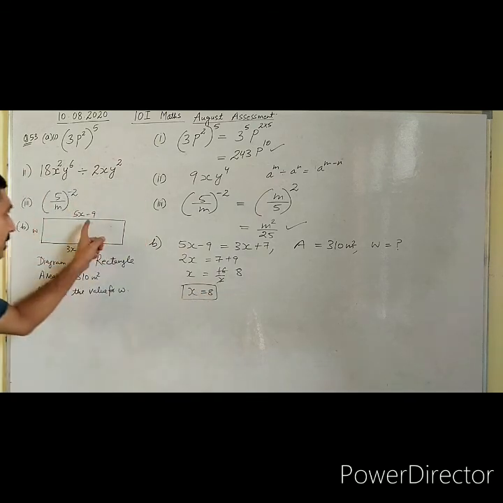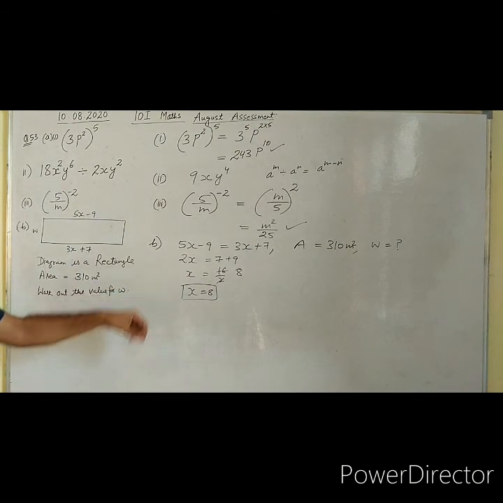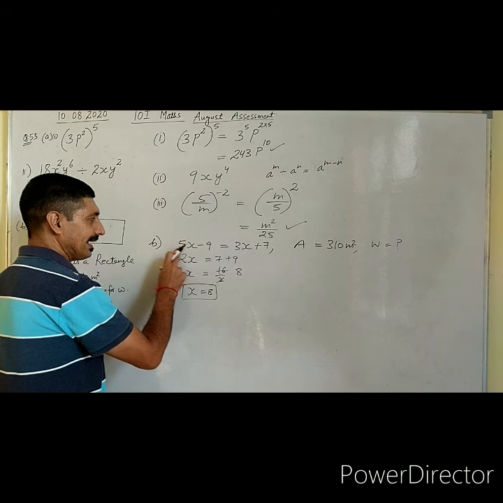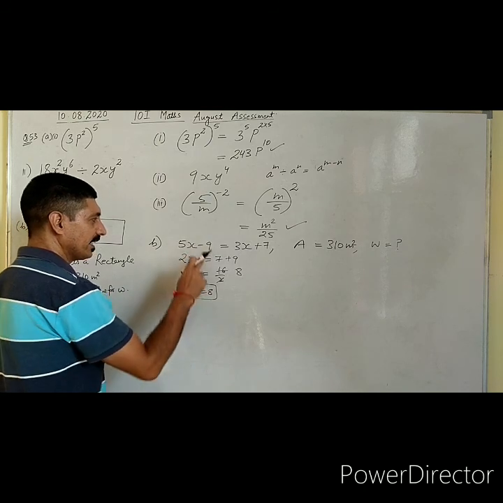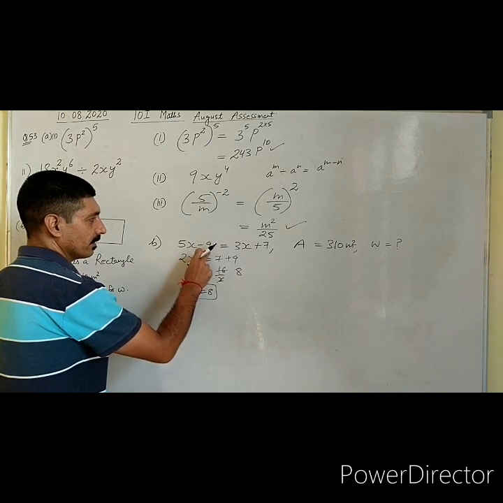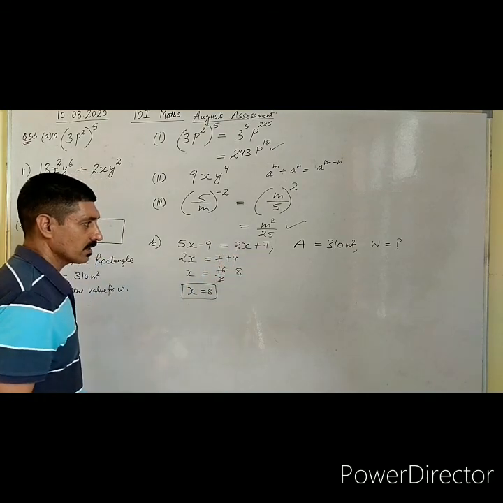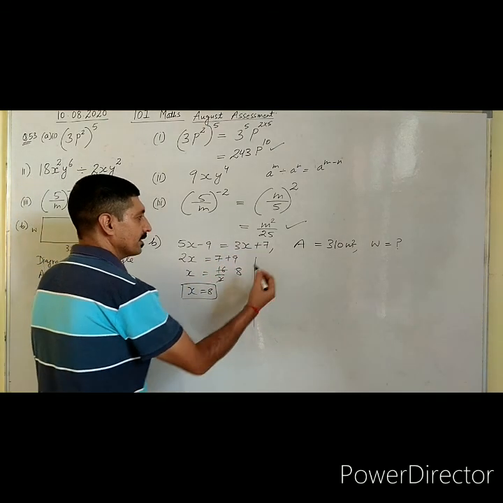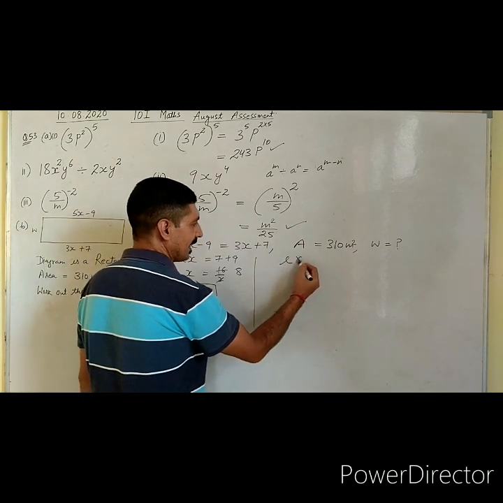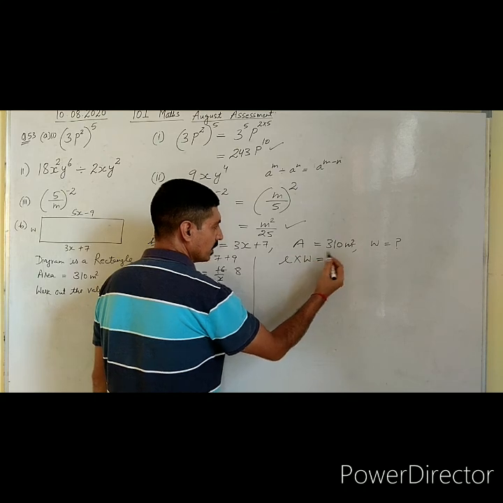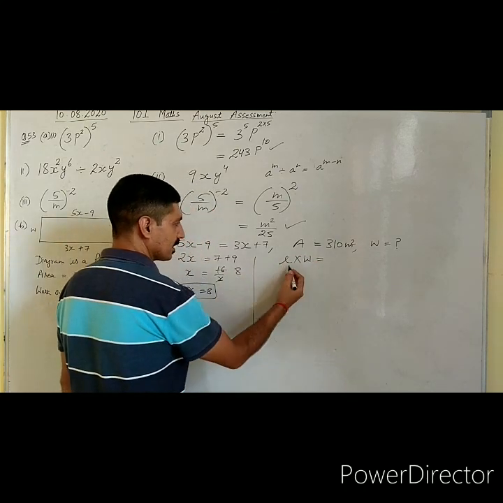What is the length? Either we can put the value here, or 8 fives are 40, that is 31 here. And here also 24 plus 7, that is 31. So according to the question, length into width. The width is W and the length is 31.